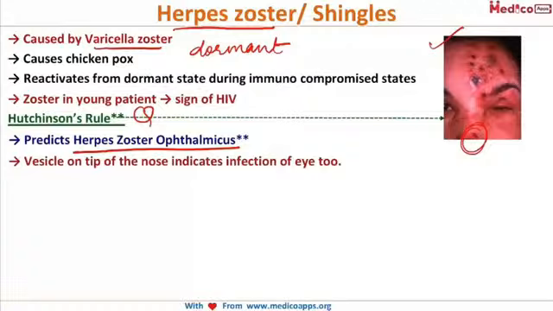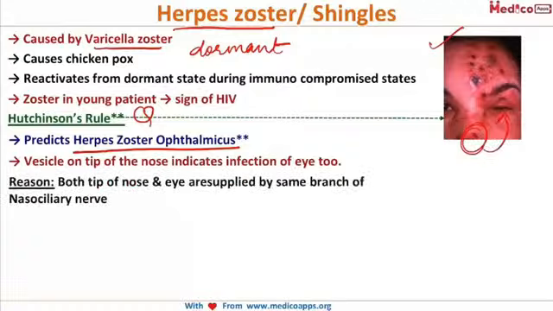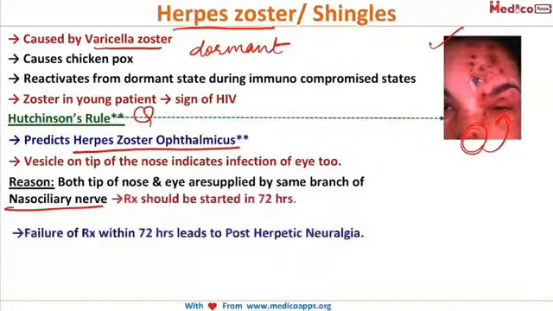What is the relation between the nose and the eye? Both the tip of the nose and the eye are supplied by the same branch of nasociliary nerve. Nasociliary, nose and your eye. So that is the reason behind Hutchinson's rule, and this condition indicates that you have to start the treatment within 72 hours of your diagnosis, and any failure to do this leads to a very painful condition.